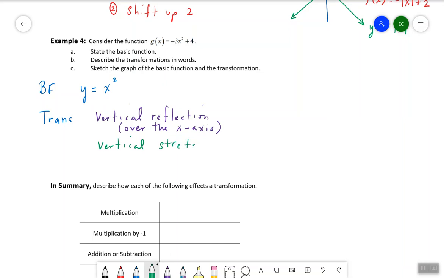And so we have to be careful that we see two different transformations there, that the -3 has two parts that we need to address individually. So we have a vertical reflection, we have a vertical stretch, and we also have a vertical shift up 4.